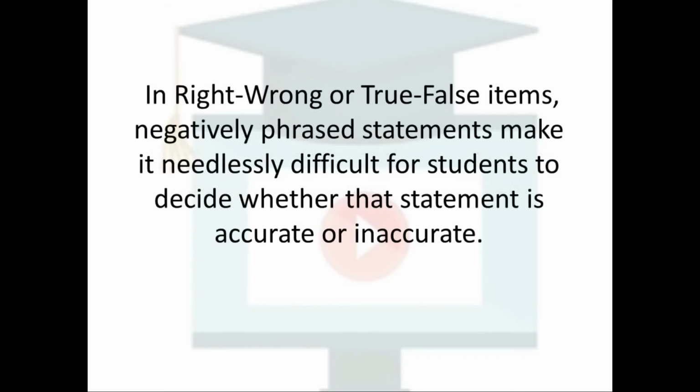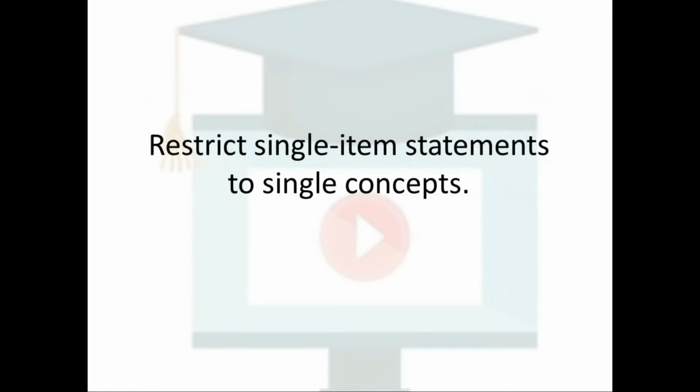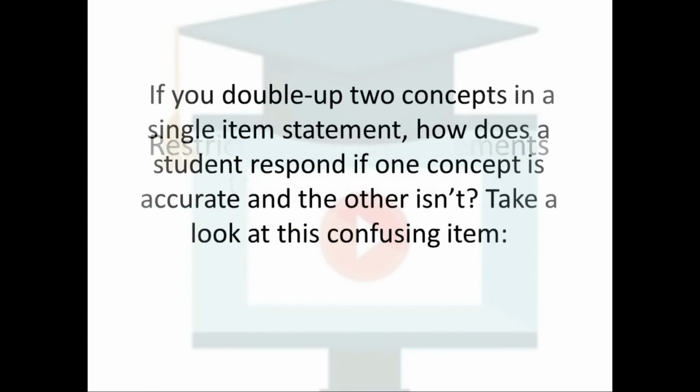In right/wrong or true/false items, negatively phrased statements make it needlessly difficult for students to decide whether that statement is accurate or inaccurate. Restrict single-item statements to single concepts. If you double up two concepts in a single-item statement, how does a student respond if one concept is accurate and the other isn't?